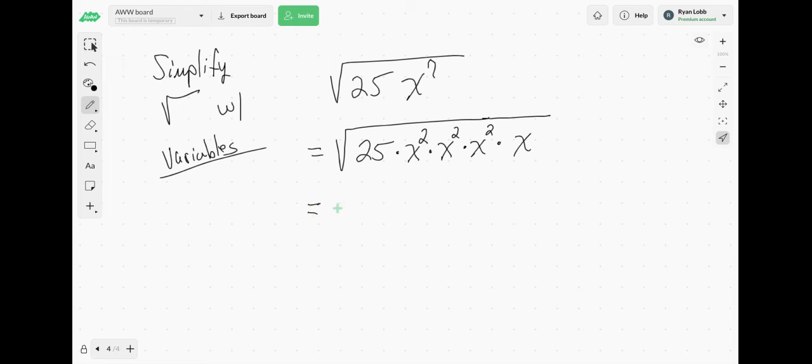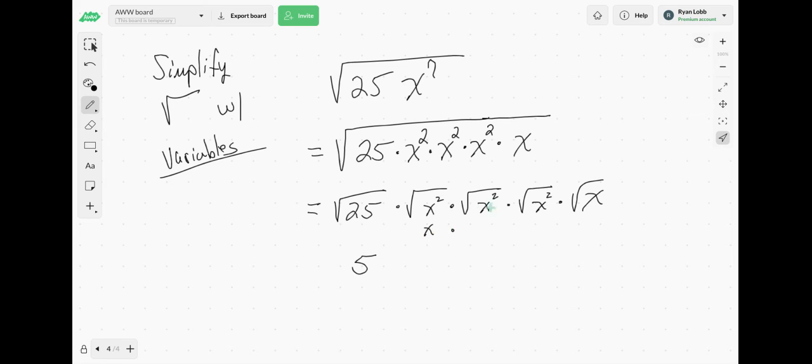So now I'm just going to write out so you can see the steps. Square root of 25, square root of x squared, times the square root of x squared, times the square root of x squared, times the square root of x. Well, what do we have here? We have 5. Now we have the square root of x squared, which is x, times the square root of x squared is x, times x.